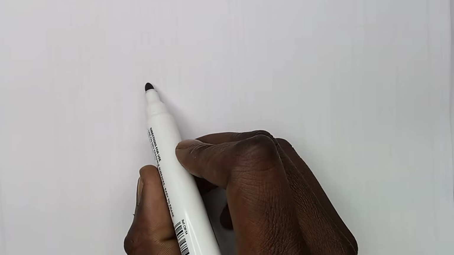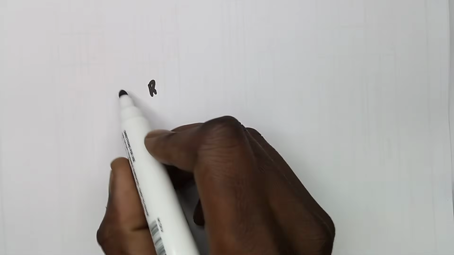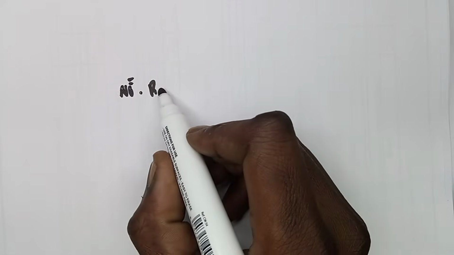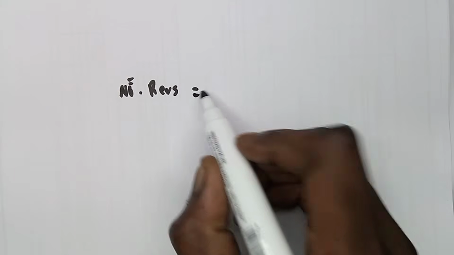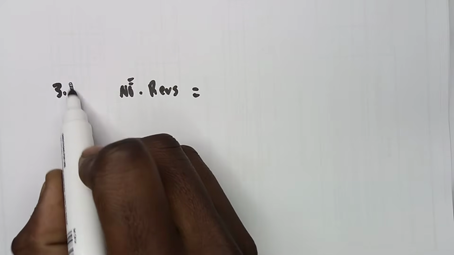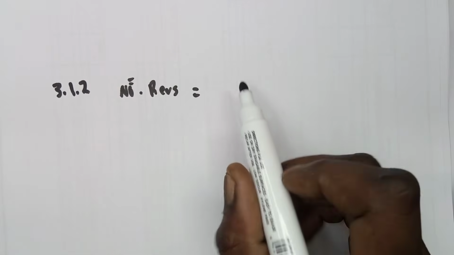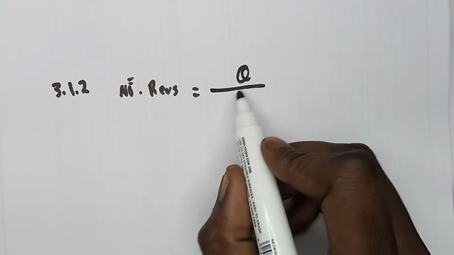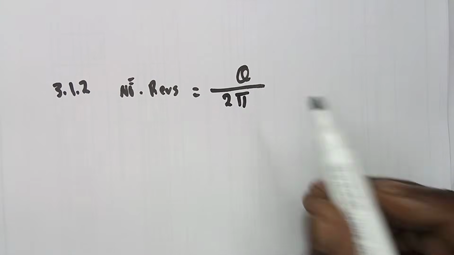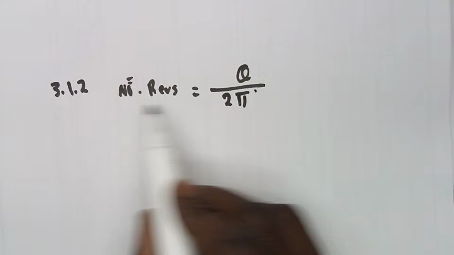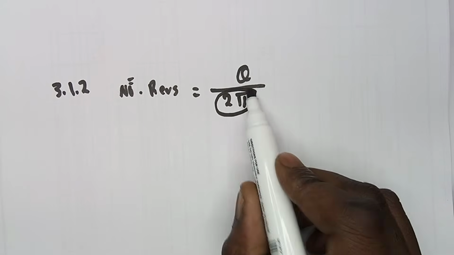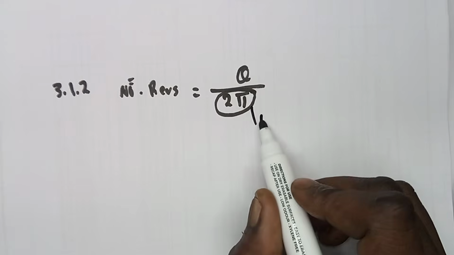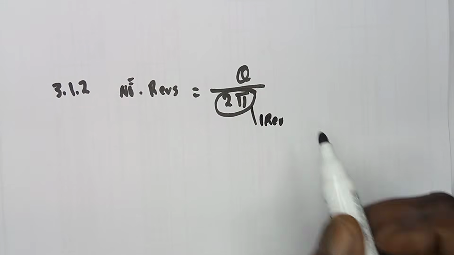Let's just say number of revolutions is equivalent to theta over 2 pi. Now it can make sense, because in one revolution we have got 2 pi radians. This is equivalent to 1 revolution.